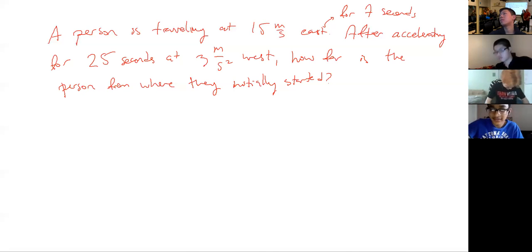There's a person that's moving irrationally fast. I don't think that is right either. Yeah, I see another correct answer, Arib, that looks right. Guys, remember to add 15 times 7, because that's the part he moves without accelerating. Does he start walking in reverse? Yeah, he does. Well, kind of.